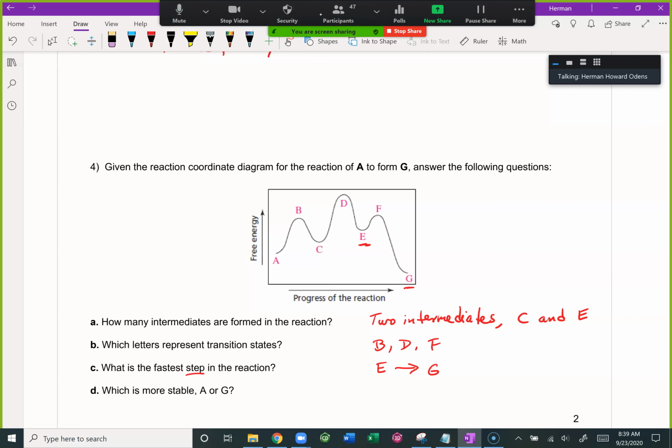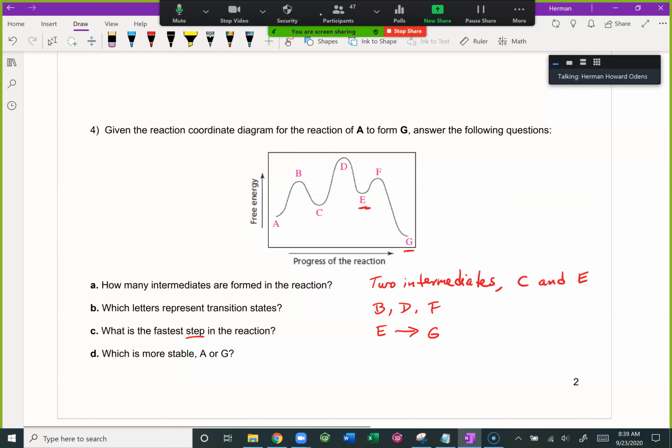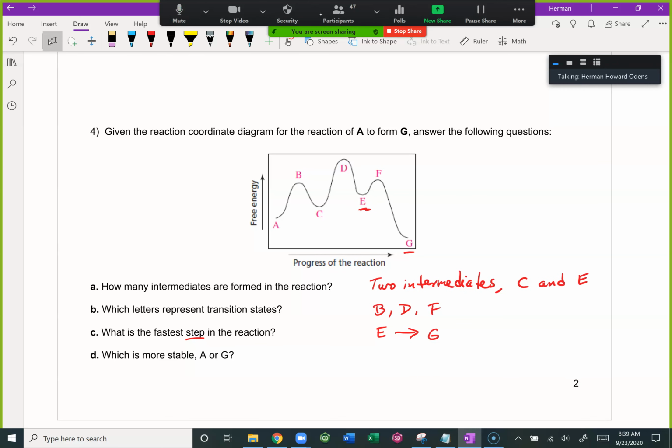All right. Which is more stable, A or G? And why? Anybody? Would it be G? Yes. The answer is G, because it's lower in energy.